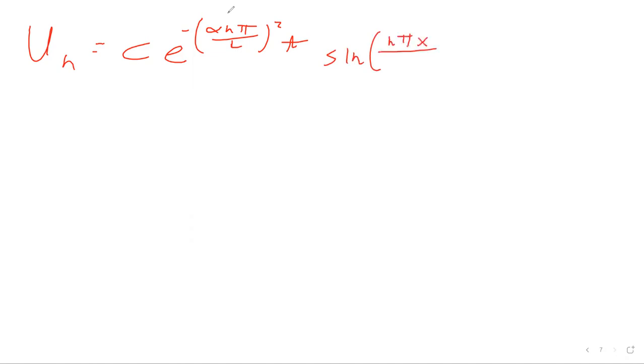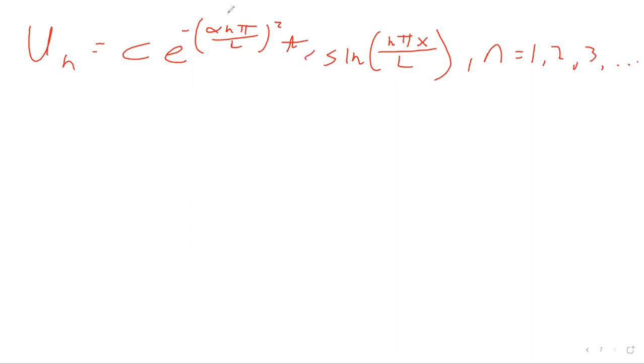So our T value is this, but we now know what our mu is, so we can change that. Times our X. And n being 1, 2, 3, and so on.